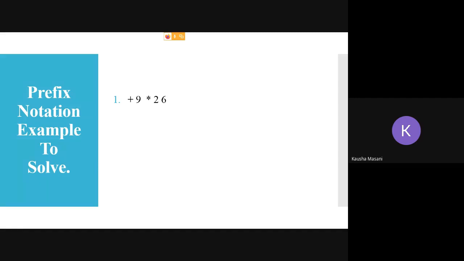Okay. Dharmik, you solved it using that table format, if I'm not wrong. It is +9 star 26. Okay. Good.